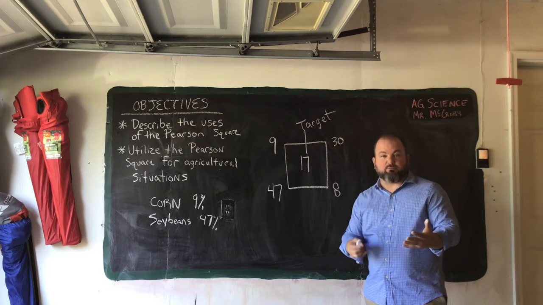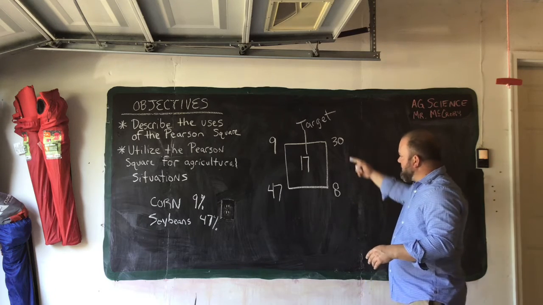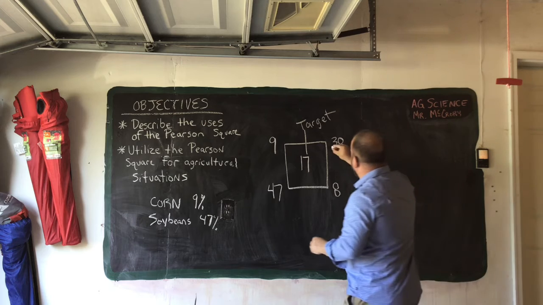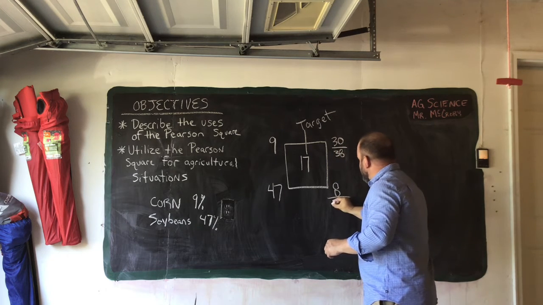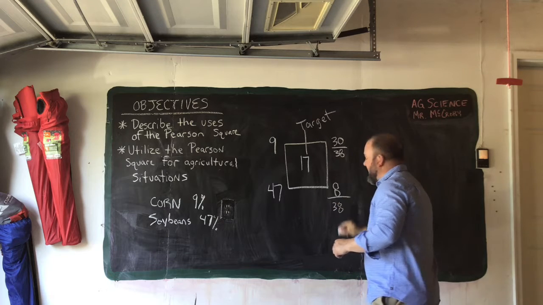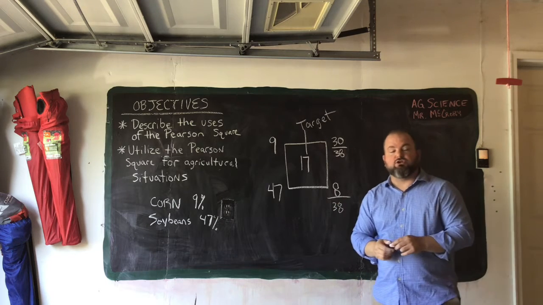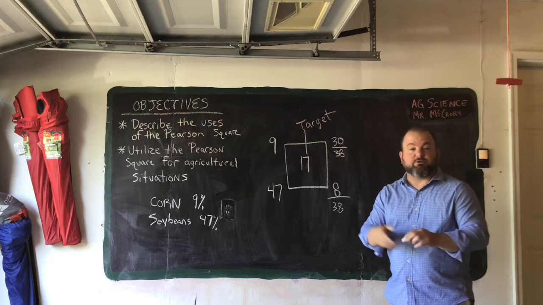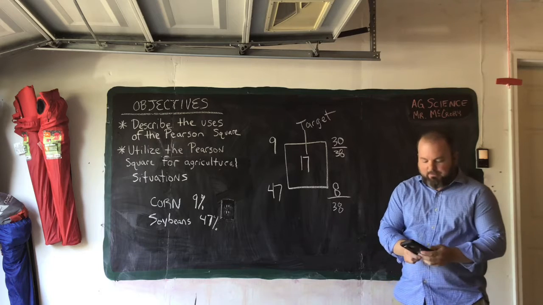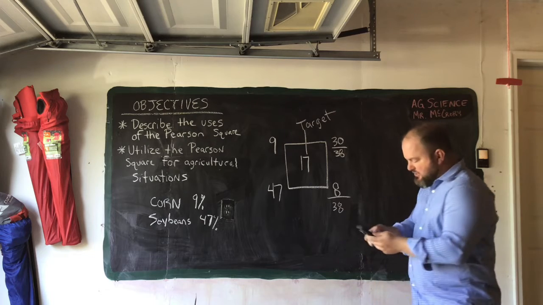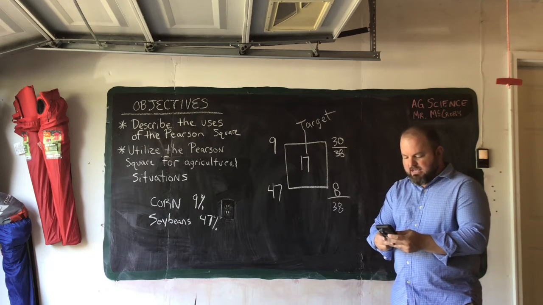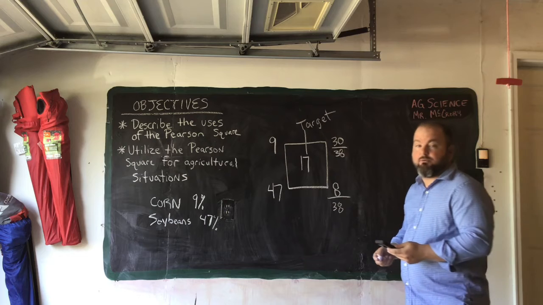So how is that in a percentage? You add up 30 plus 8 and you get 38. Now we're going to utilize our calculator to find the percentages. So I have my phone in my pocket right now, and I'm going to use my calculator. If I take 30 divided by 38, I'm going to get 78.9.